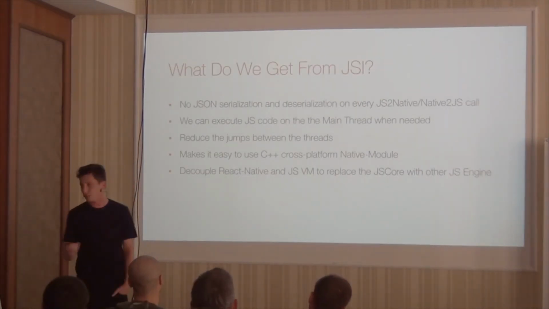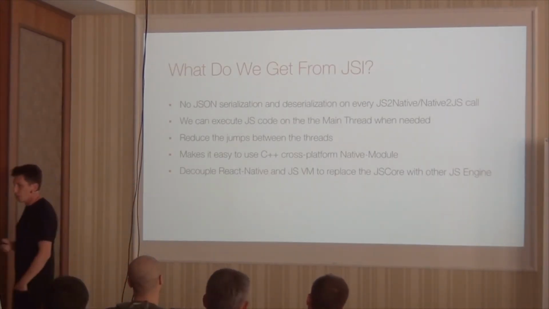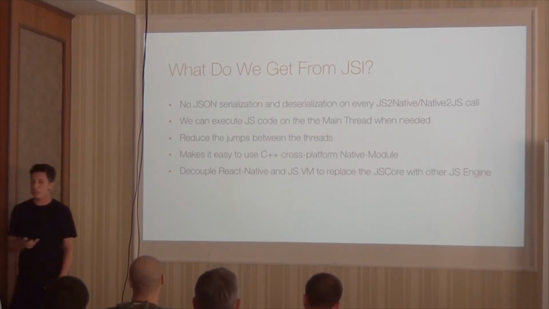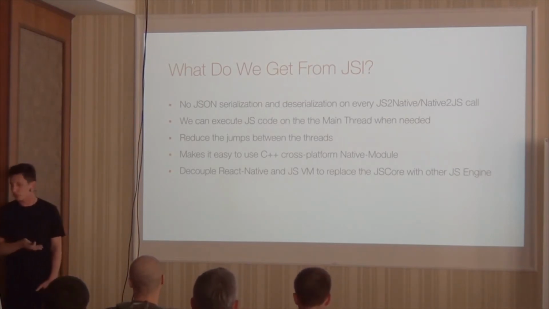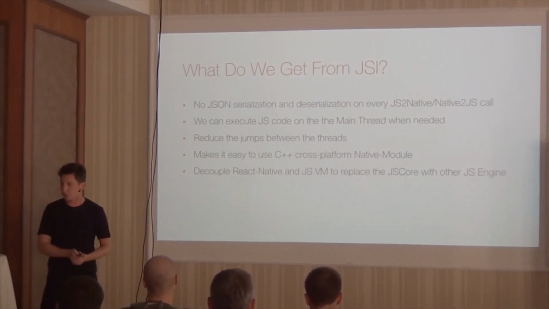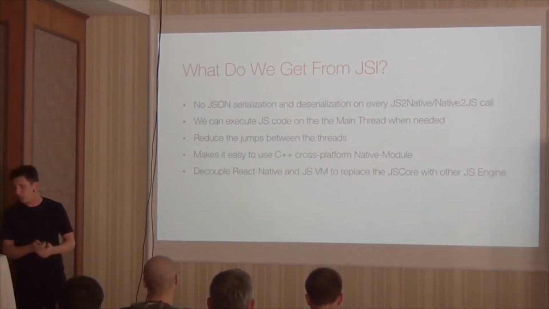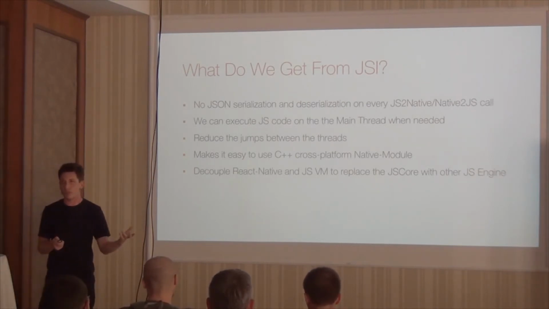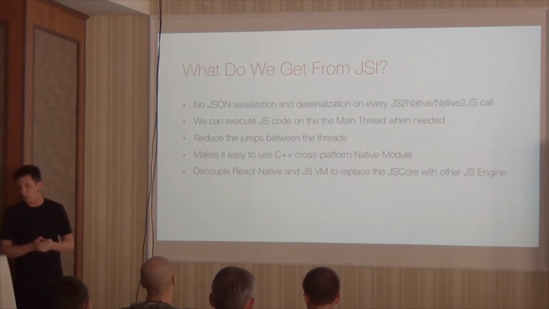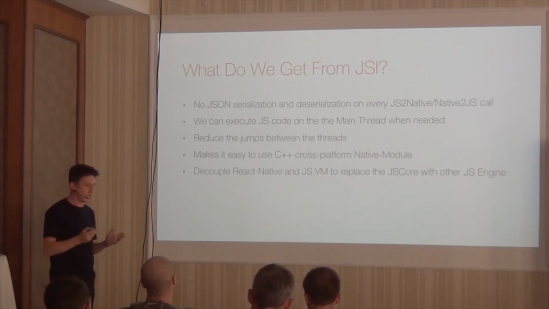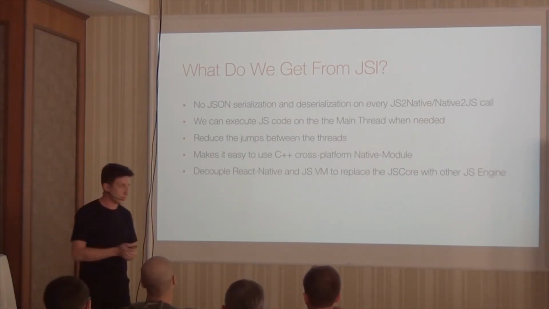So what do we get from the JSI? First of all, we don't have now JSON serialization and deserialization when we communicate between the native and JavaScript. Second, we can execute JavaScript code on the main thread. Third, we are reducing the jumps between the threads.